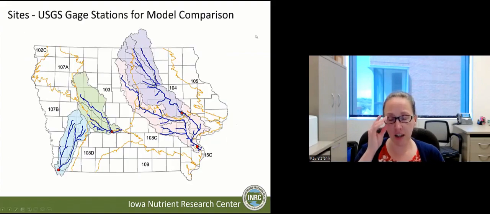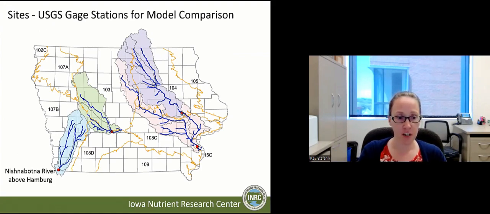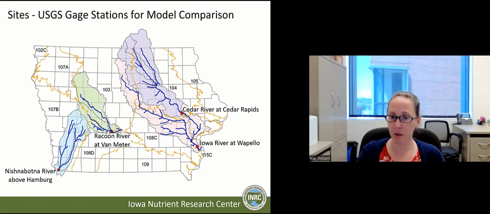We are looking at this at 4 different USGS gauge stations: the Nishnabotna River above Hamburg, the Raccoon River at Van Meter, the Cedar River at Cedar Rapids, and the Iowa River at Wapello.